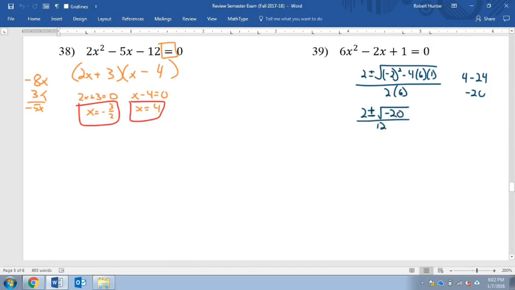Okay, so from there, square root of negative 20 is negative 4 times 5. Pull that negative 4 out there, that's 2i on the square root of 5. So I can replace that negative 20 with plus or minus 2i square root of 5 over 12. And I can divide all three of those by 12. So that's 1 plus or minus i square root of 5 over 6. And those are your answers.